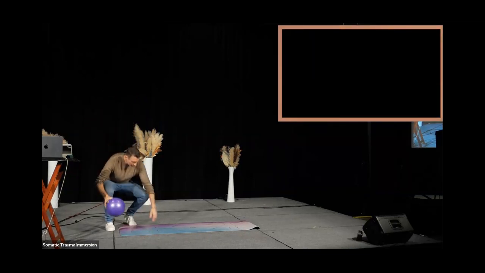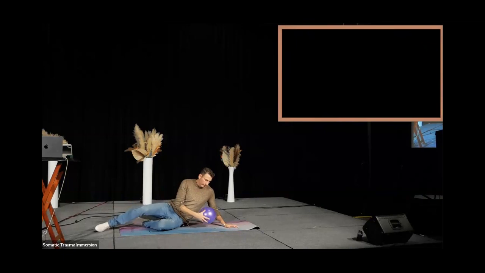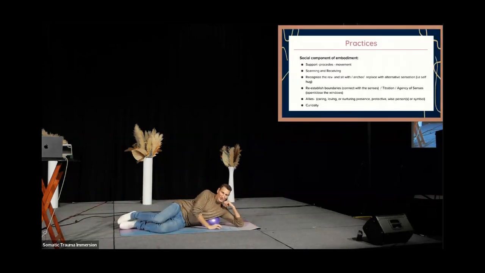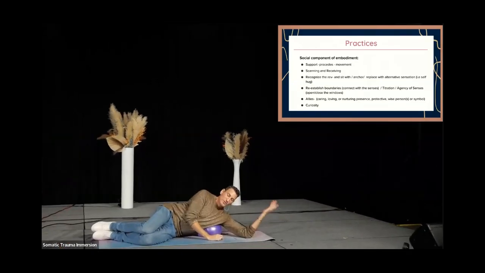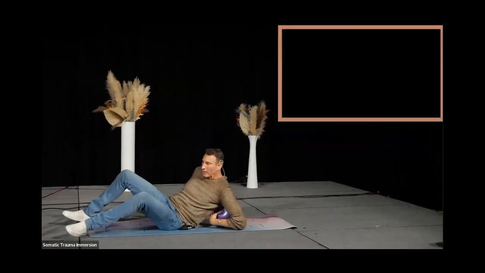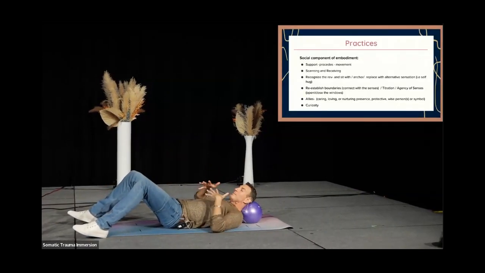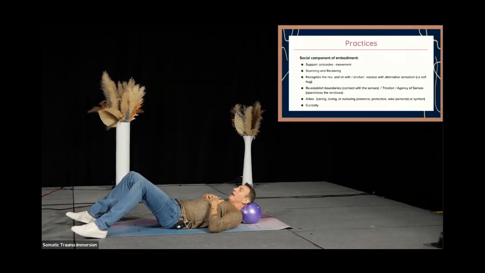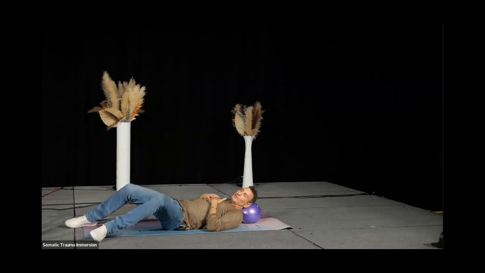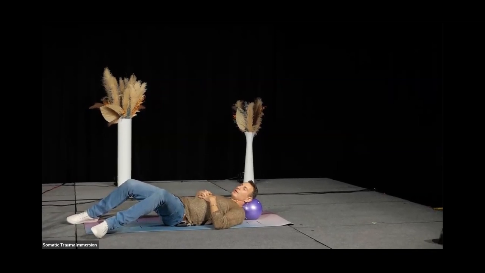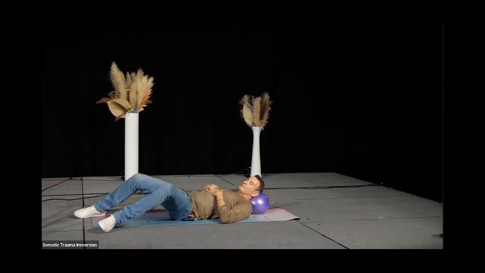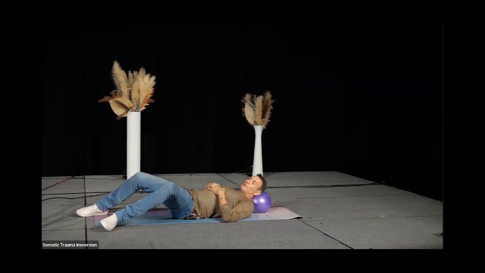Okay, so I'm going to demo. I'm going to lay here so I can see you and you can see me. My favorite is actually on my back with the ball under my head or under my pelvis, but I'm going to turn towards you at the same time. So the first practice or process in this is I'm going to take the time to arrive, whatever that means for me and what it means for you.